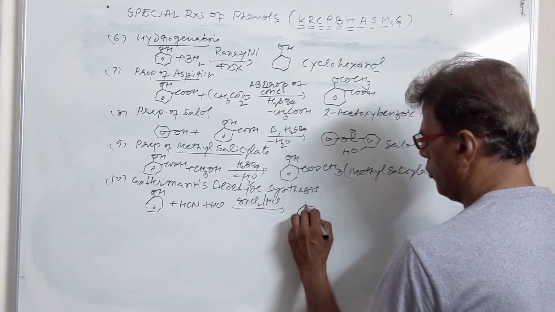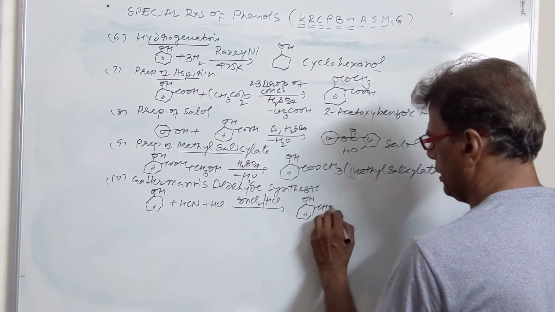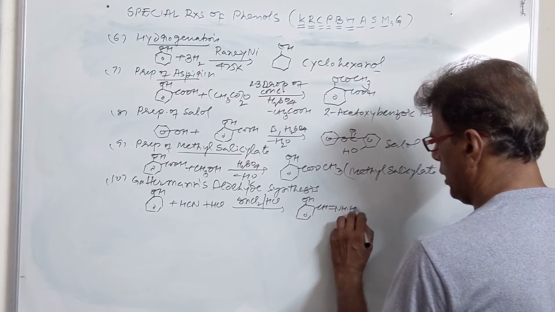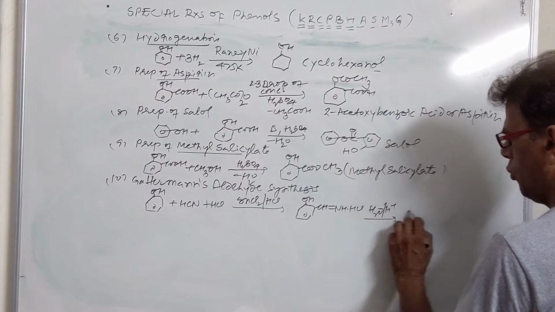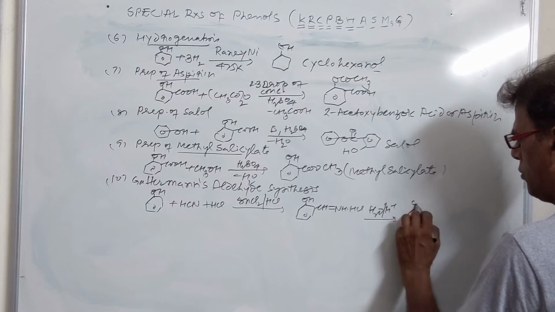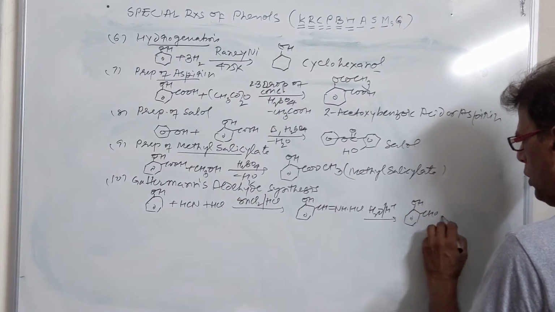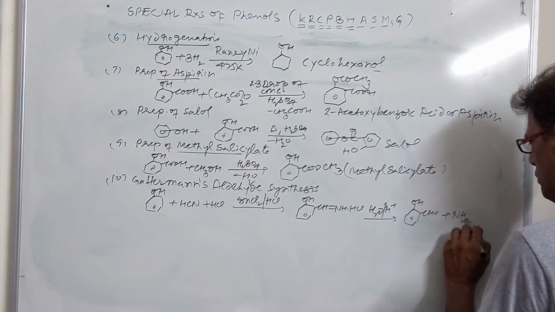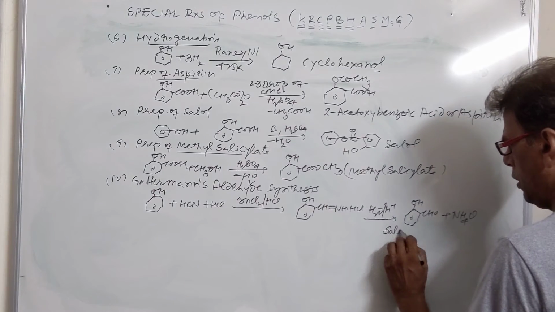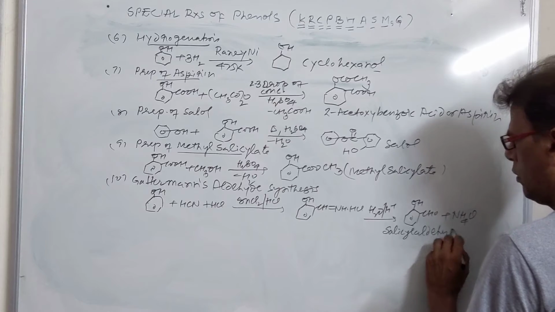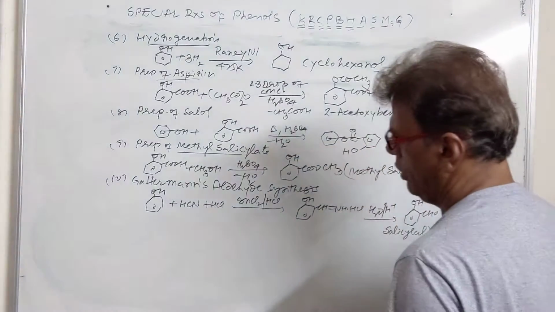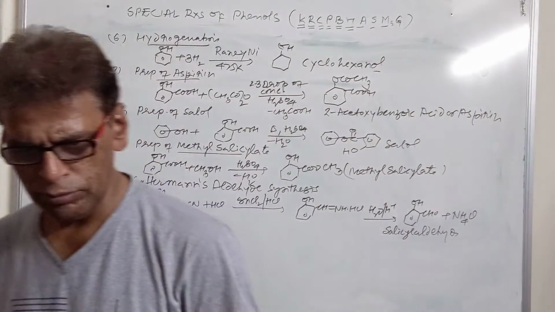We get the ortho isomer, in this case CH double bond NH.HCl. It is hydrolyzed with water. Product is salicylaldehyde plus ammonium chloride. This is salicylaldehyde. So this is your Gattermann aldehyde reaction.